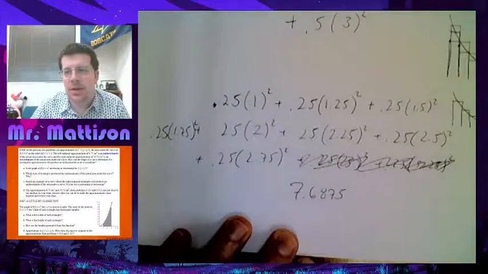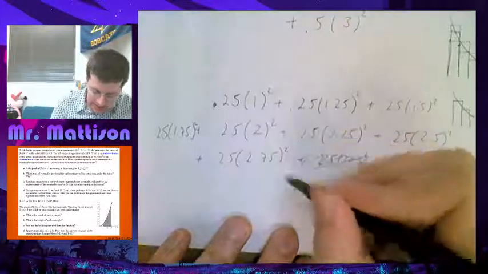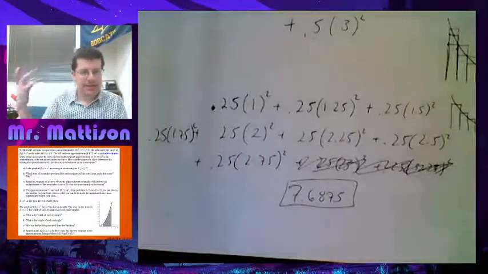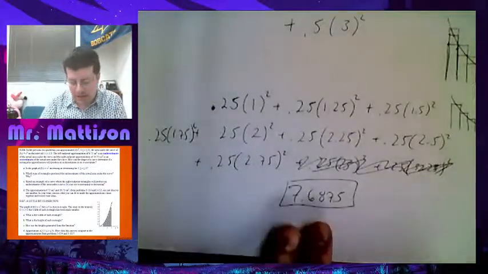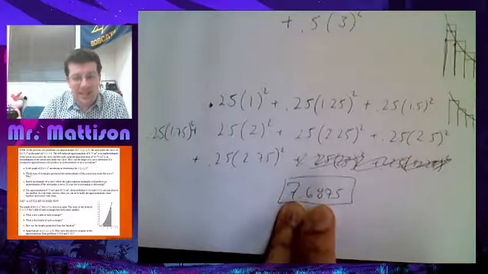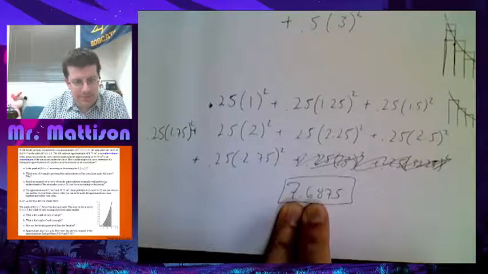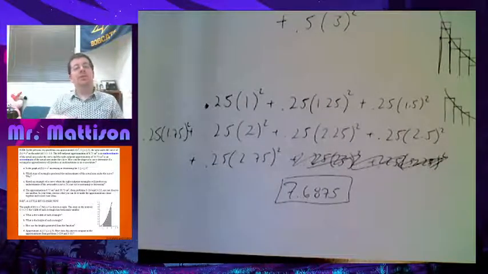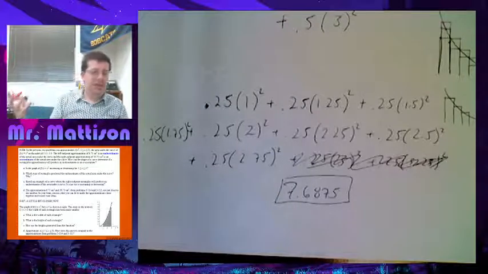That, again, is closer than that 6.75 to 10.75. So now I know this is an even better bet, but this is still an underestimate. I'm still under when I'm using this. So now I know it's bigger than 7.6875 and less than 10.75.